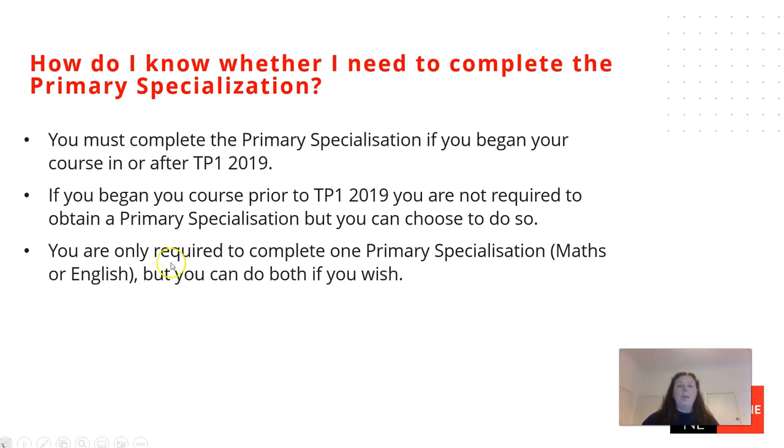So how do you know whether or not you need to do a specialisation? As I just said, you must complete a specialisation if you began your course in or after TP1 2019. If you did it before, you don't have to do it, but you can do it if you choose to. And you are only required to complete one primary specialisation, maths or English, but you can do both if you wish.